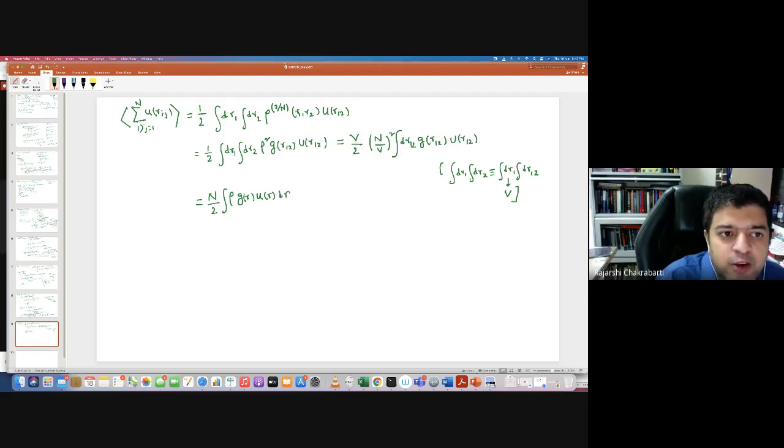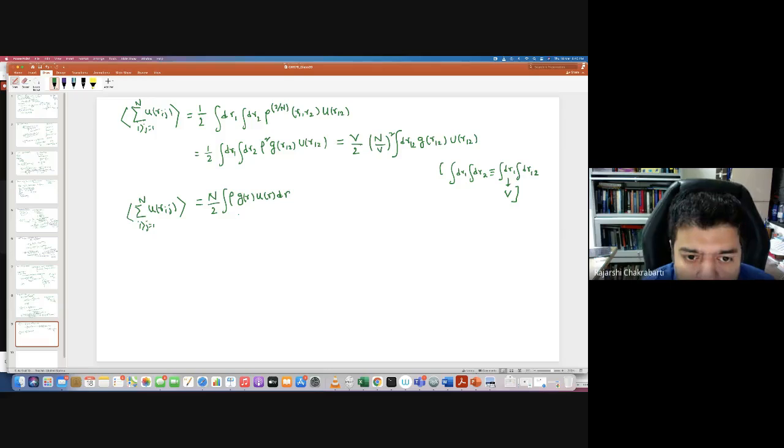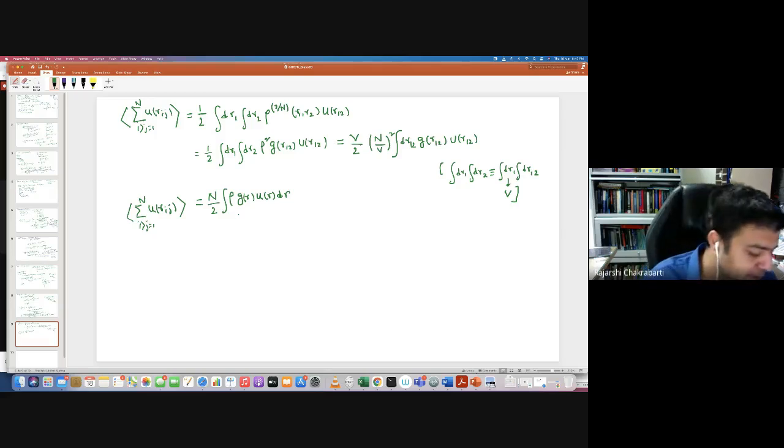because I'm calling r12 as r, the separation. So this quantity you want to calculate is actually N by 2 times rho, integral g(r) U(r) dr. Okay. So here is the physical meaning also. What is the physical meaning?